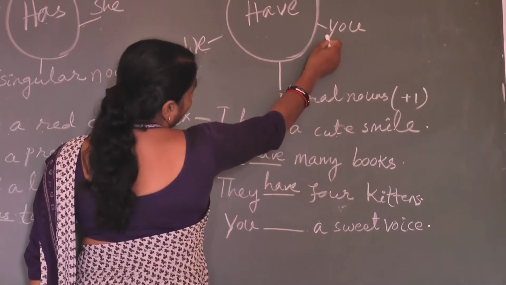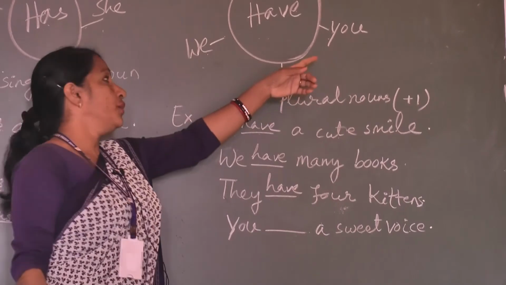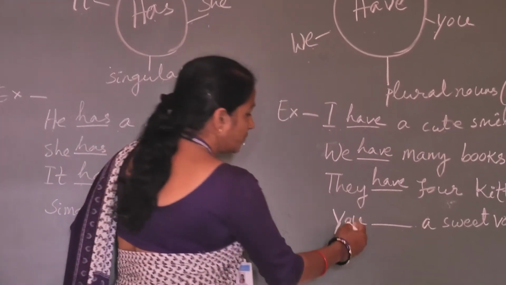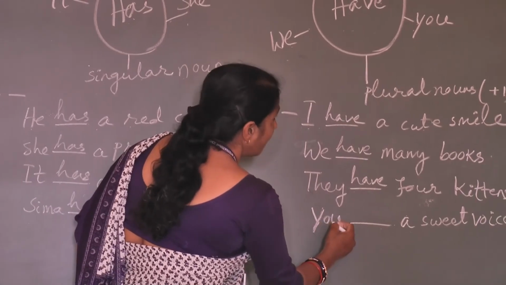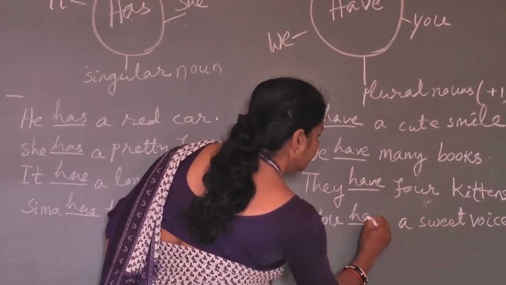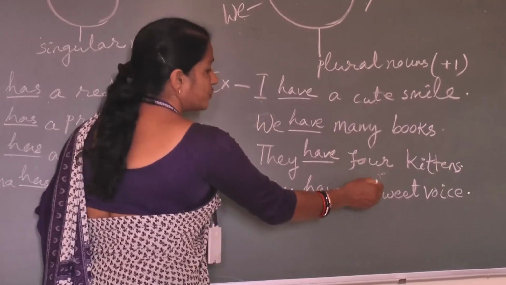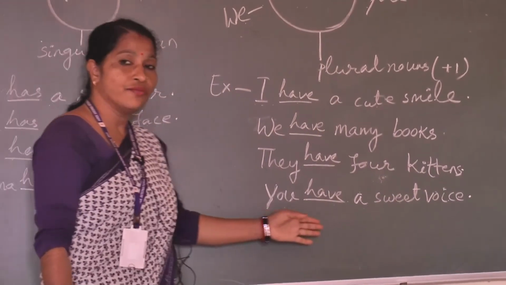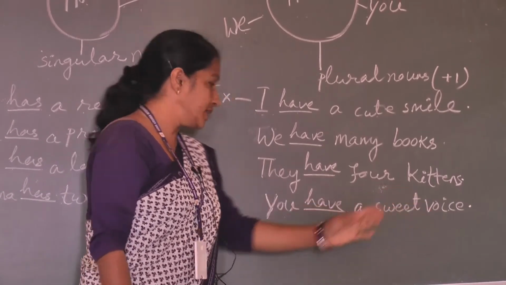Yes, you. What are we using with you? We are using have with you. So fill in the blanks here. You have a sweet voice. Repeat after me, children. You have a sweet voice.